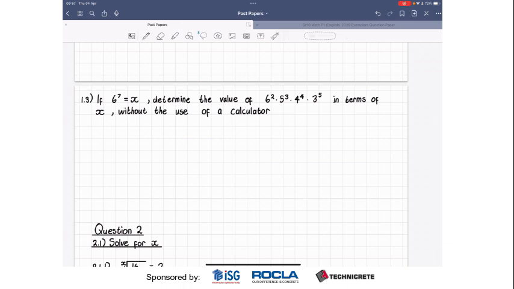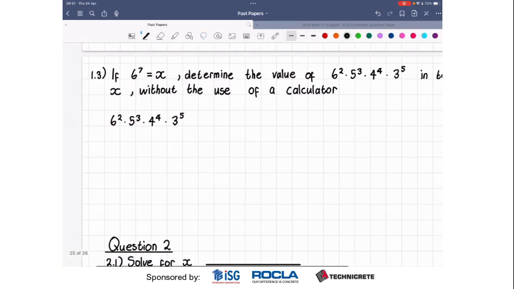So the first thing I'm going to do is just rewrite this expression. And I'm going to try and write these numbers in a simpler way. So remembering my exponent laws, if I've got two different bases, but they're both raised to the same exponent, for example, if I have 2 to the power of 2 times 3 to the power of 2, because the exponents are the same, I can just multiply the bases together.